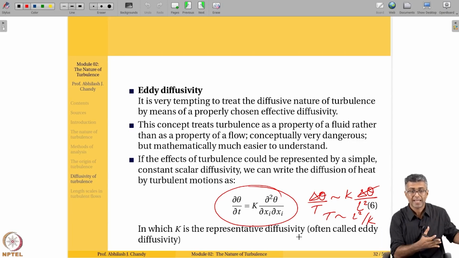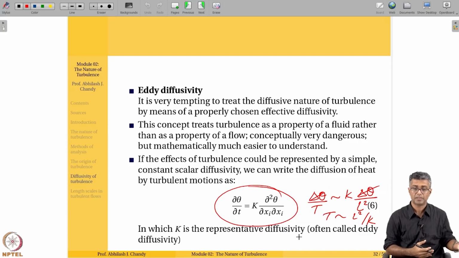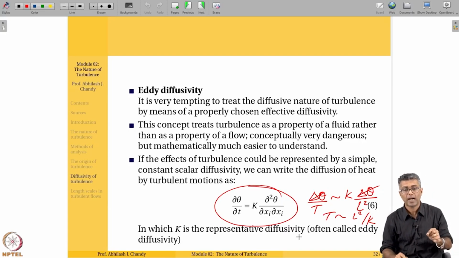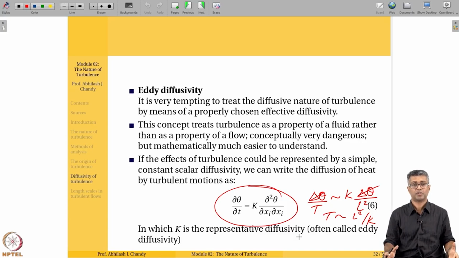So this is like the heat transport equation, right? Instead of gamma in molecular diffusion, instead of thermal diffusivity, we have K alone. So now you have this eddy diffusivity or effective diffusivity, which is supposedly going to represent our turbulent diffusion.